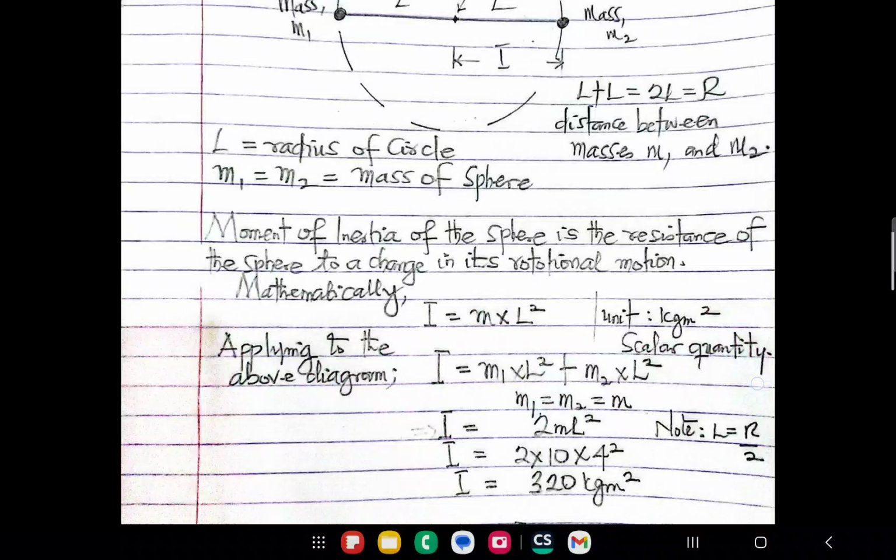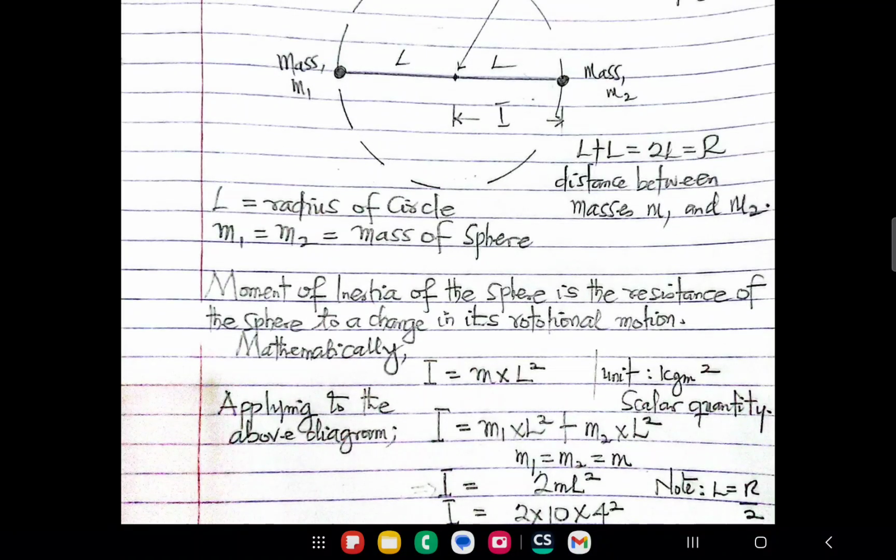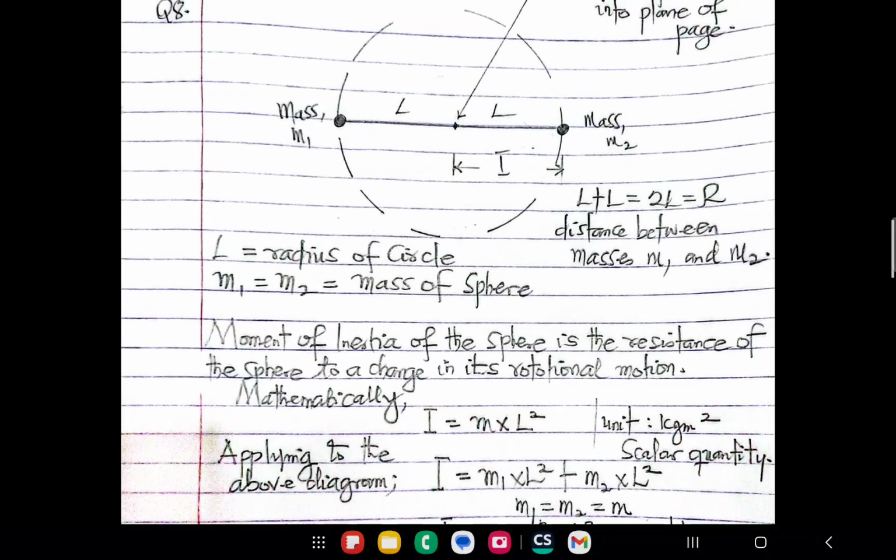So applying this formula for moment of inertia to the question we have above, we can write that our moment of inertia is given as, for the first mass times the distance from that mass to the axis of rotation, M1 times L squared, plus the moment of inertia on the other side, which is the mass M2 times the distance from the axis of rotation to the second mass, which is L squared again.